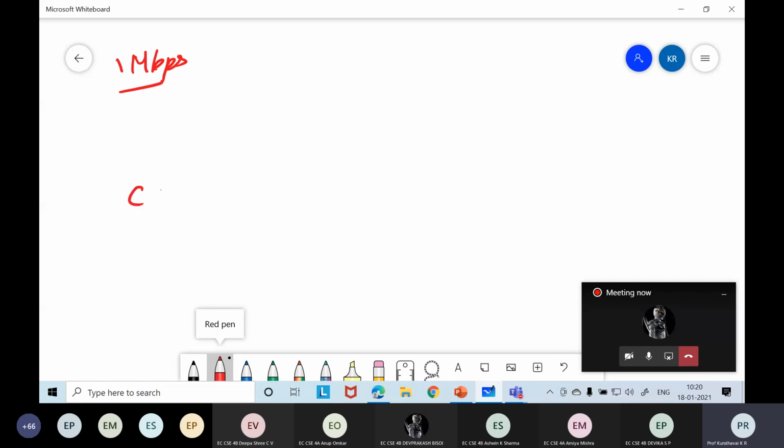In case of circuit switched networks, if it is 1 Mbps, all the systems connected to that network will share this 1 Mbps. Assuming that there are systems 1, 2, 3, 4. In a circuit switched network, there are systems 1, 2, 3, and 4.